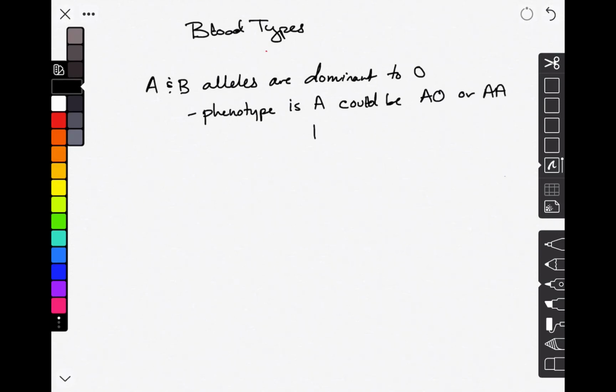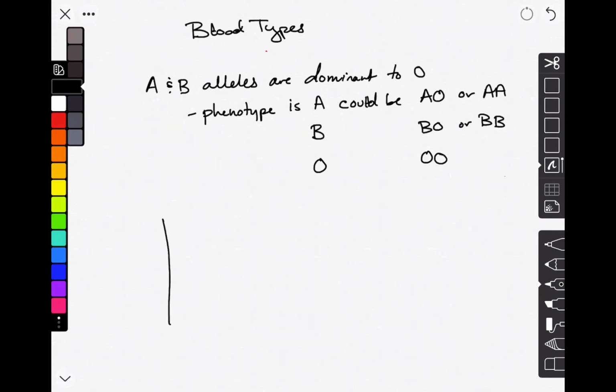Someone whose phenotype is B could be BO or BB. And someone whose phenotype is O can only be OO, because the only thing we see is that A or B if it's present. We only see the dominant allele.